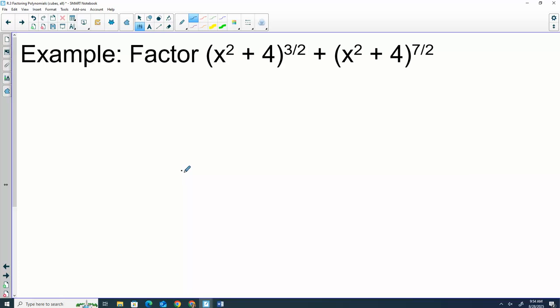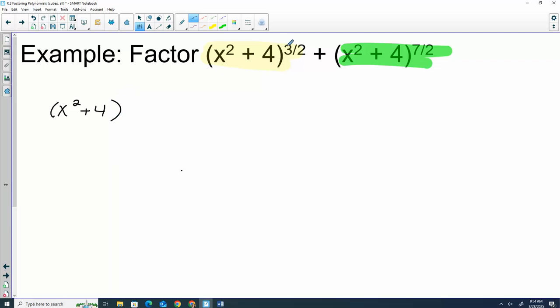How many terms are in this? 2. This is a term, and this is a term. Okay, they're pretty similar. What's the only difference between them? Excellent. Okay. So we are going to take out the GCF, which is x squared plus 4.